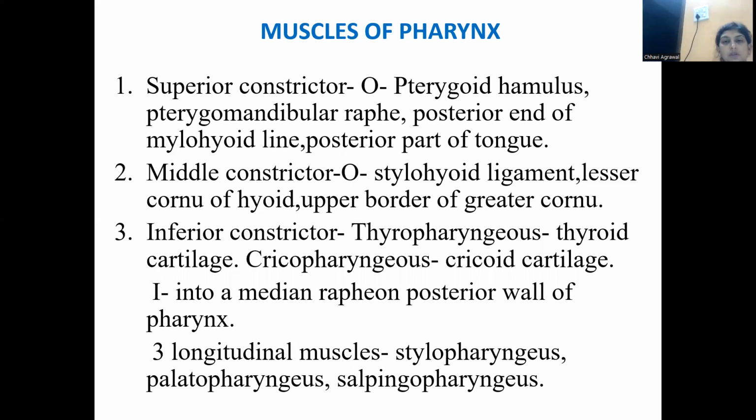The inferior constrictor has two parts: thyropharyngeus, which originates from the thyroid cartilage, and cricopharyngeus, which originates from the cricoid cartilage. Both of them get inserted into a median raphe at the posterior wall of pharynx. Then three longitudinal muscles: stylopharyngeus, palatopharyngeus, and salpingopharyngeus.